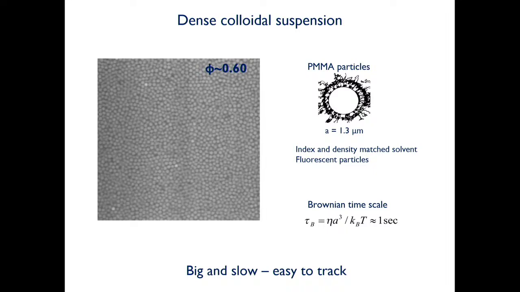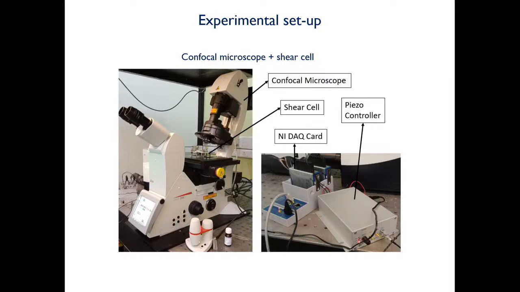We just mix 2 batches of particles. It's not a bidispersed mixture, it has 7 to 10% polydispersity. That's the natural polydispersity of PMMA. The solvents are cis-decalin and CHP.